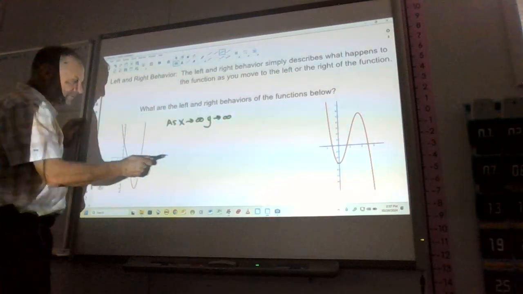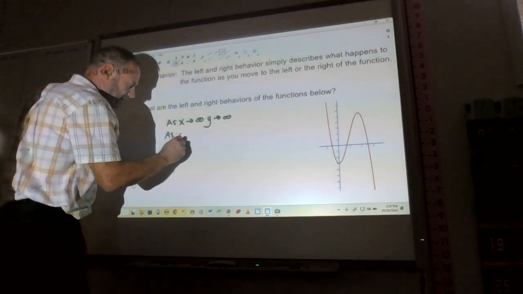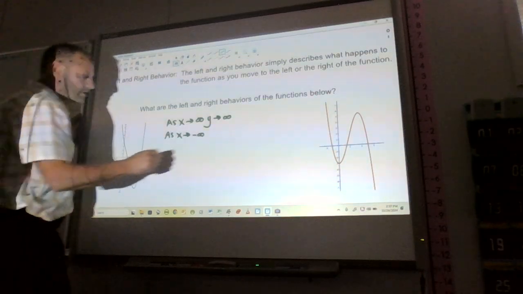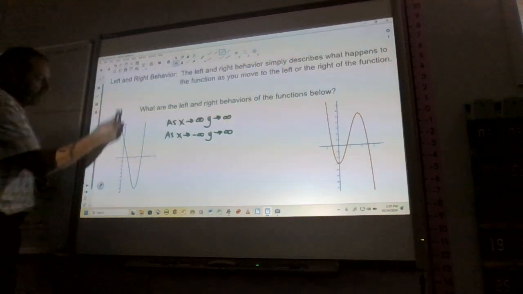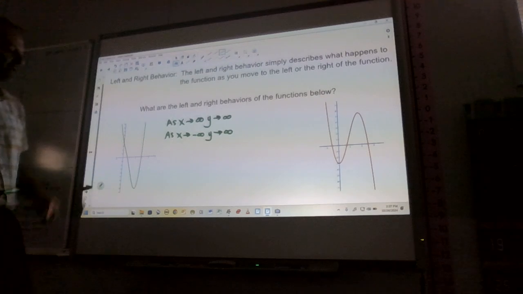Okay? So as I go further and further this way, I go further and further that way. Now, as x goes to negative infinity, so now I'm going this direction, y still goes to infinity. Okay? Because it goes back up this way. So this is my left and right behavior for the green one.